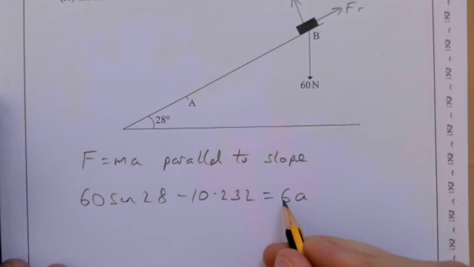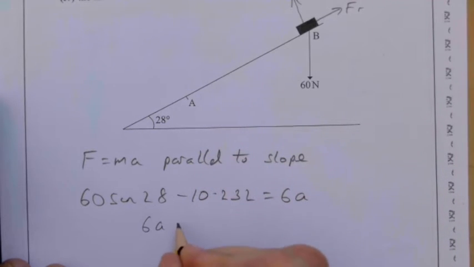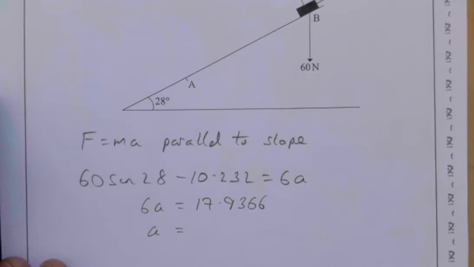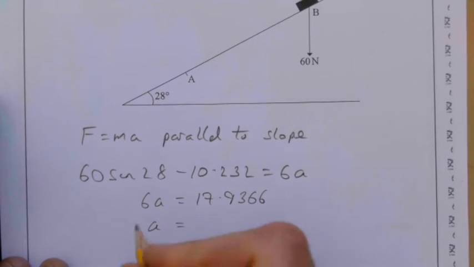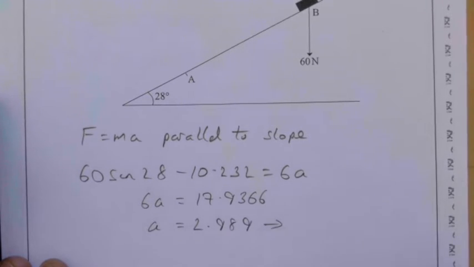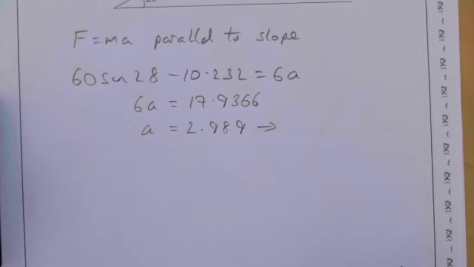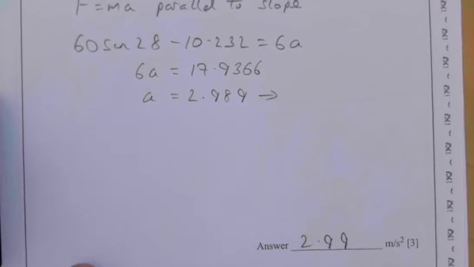So if you put that into your calculator, I think our 6A comes to something like 17.9366, and then my A is 2.989, which for us is going to be 2.99, and they have the units in there for you anyway.